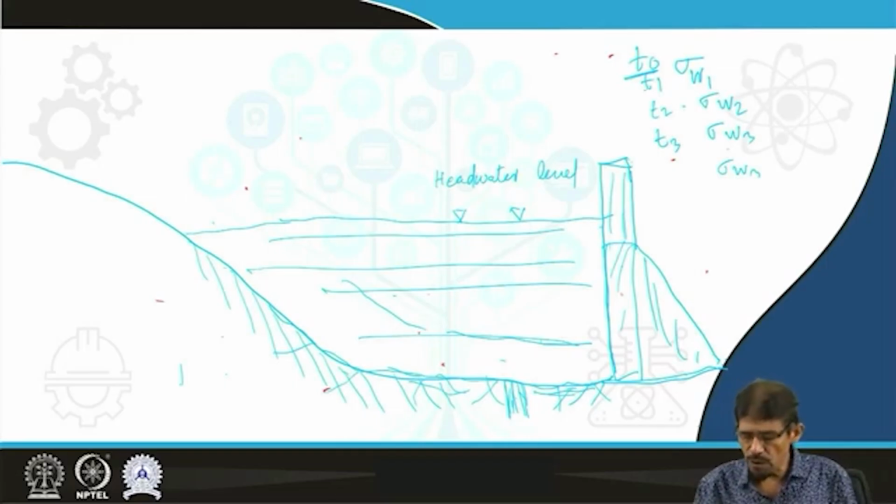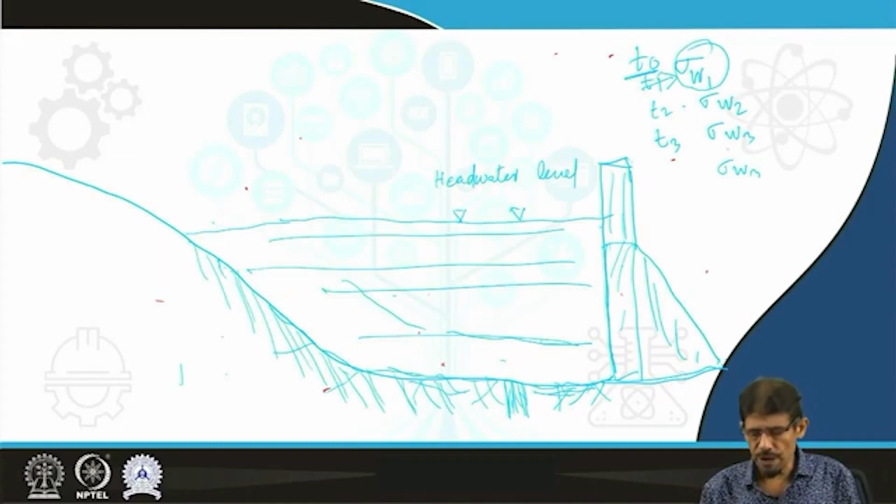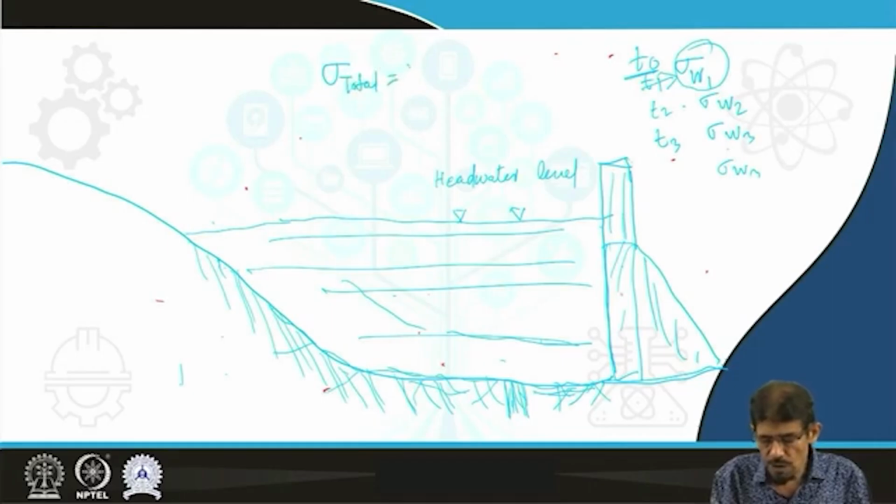When we are going to release water with load sigma W1 or W1 simply, W2, W3, W4, then the strata lying below the reservoir is subjected to load summation of sigma W, i equal to 1 to n.